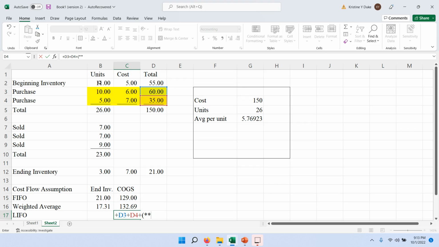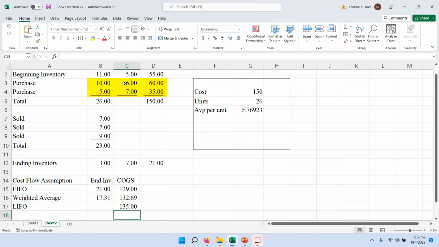And we're going to times it by 5. 8 times 5. 135. Now, I know that 3 times 5 is 15, so I don't have to think. So here, again, you can see FIFO has the largest value of ending inventory, where LIFO has the smallest value. And then you can see the reverse on the cost of goods sold. Always remember weighted average is right smack in the middle.